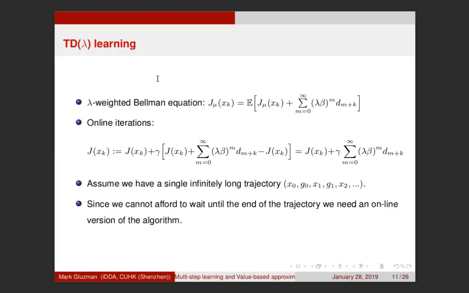So a new estimation in the state xk is equal to g xk plus, in the square brackets, this expectation term minus g xk. So basically we update our estimation in online fashion.